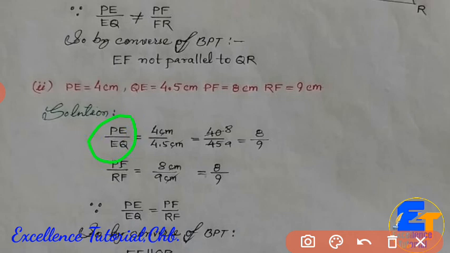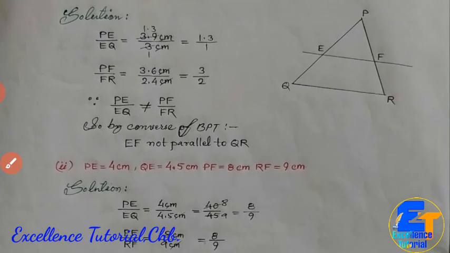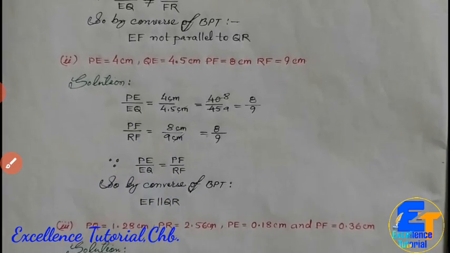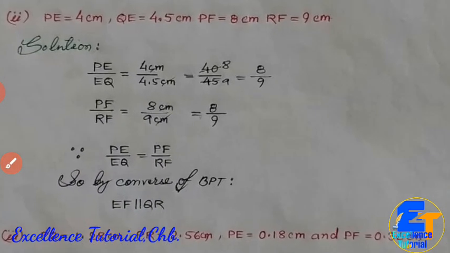In the same way, PF upon RF, and in both cases I have got equal ratio. If you are getting equal ratio on both hand sides, this line EF will become parallel to QR, hasn't it? See, like this you will have to write this.